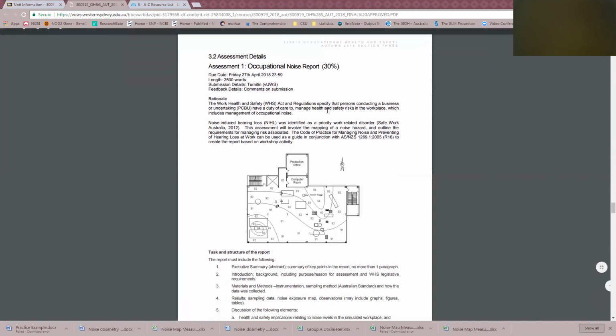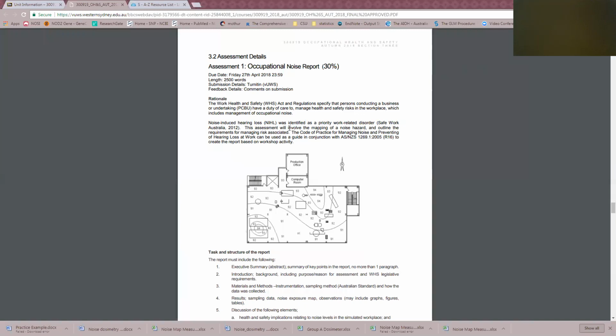It's a physical hazard, and it's a hazard that we're exposed to in every part of our life. Leaving the workplace does not mean the hazard disappears. In the case of noise, we continue to be exposed. It's also a serious issue in Australia. It's been identified as a priority work-related disorder in the National Occupational Health and Safety Strategy.